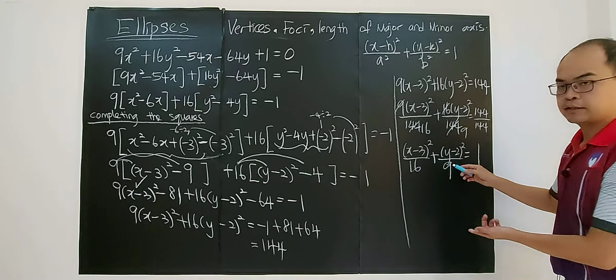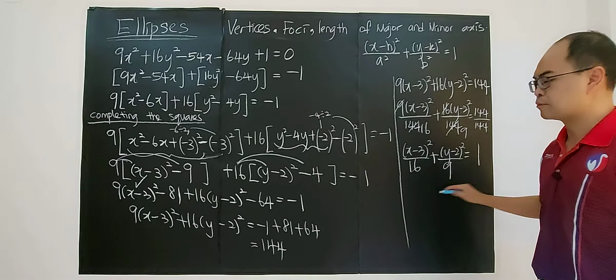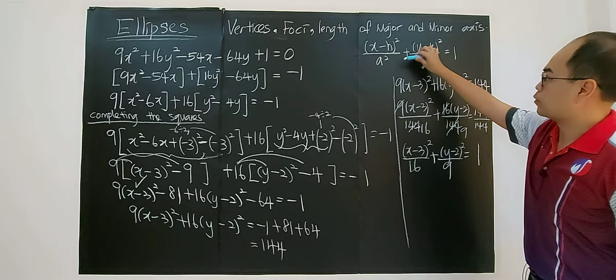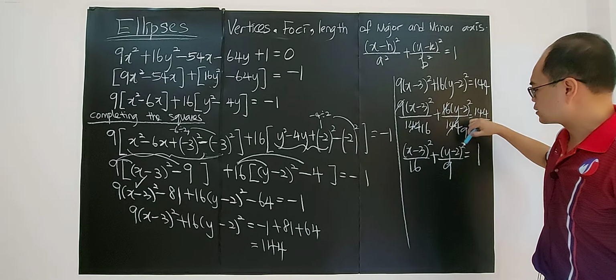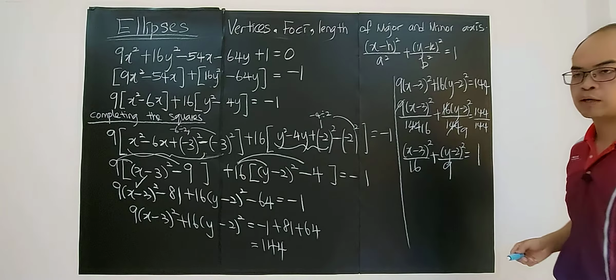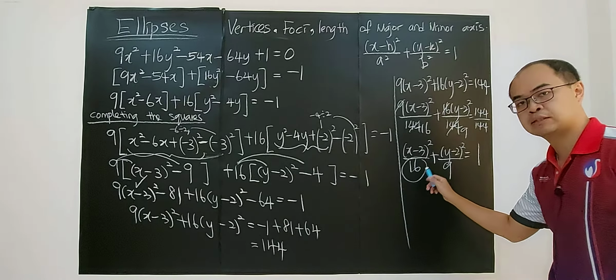So as you see, I have already shown that this is an ellipse, right? Why? Because you can write it in the form (x minus h) squared over a squared plus (y minus k) squared over b squared equals 1. And the value under the x is bigger. What is the meaning here?